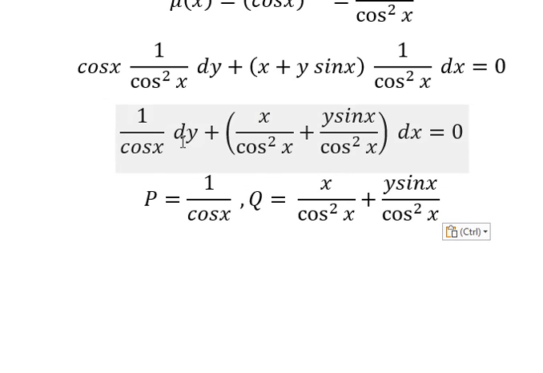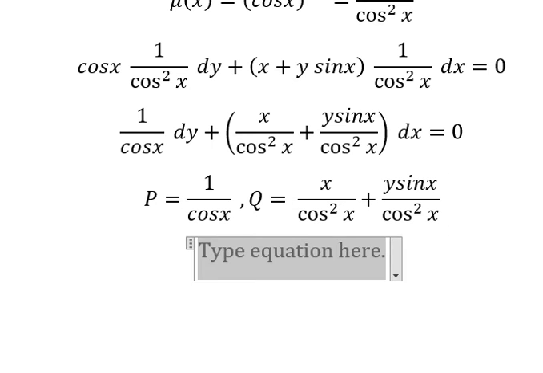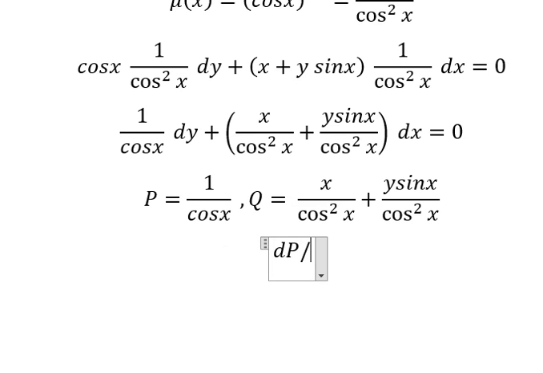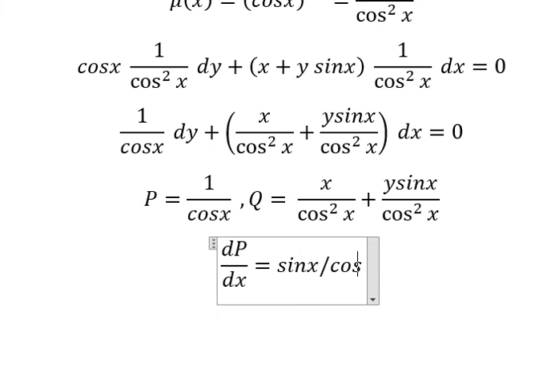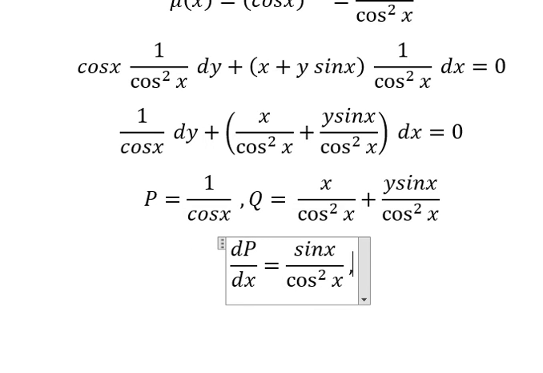So we have dy. That means we need to do first the derivative of p with respect to y. We have sine x over cosine x square.